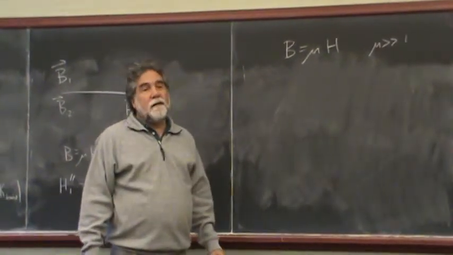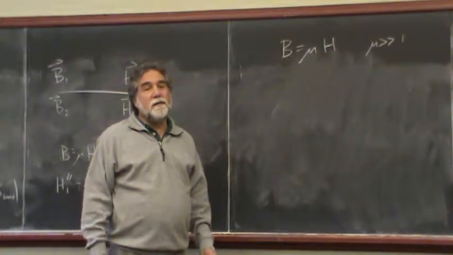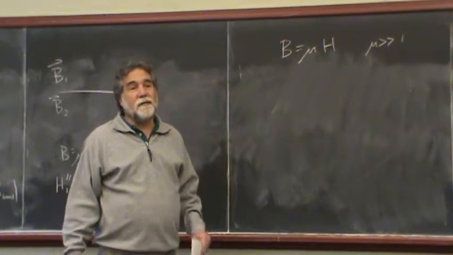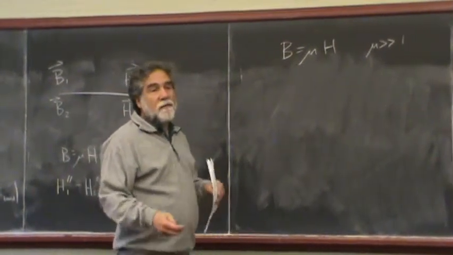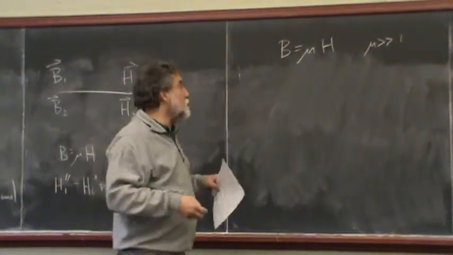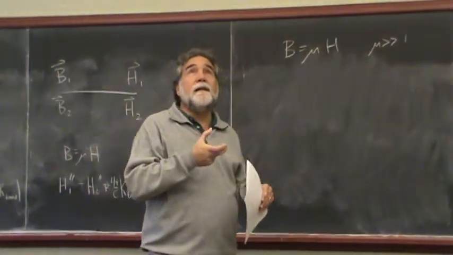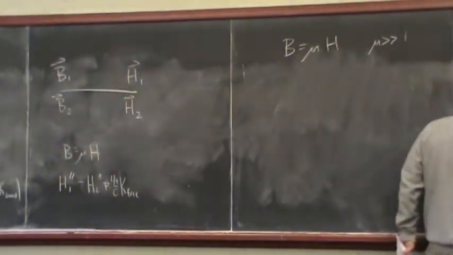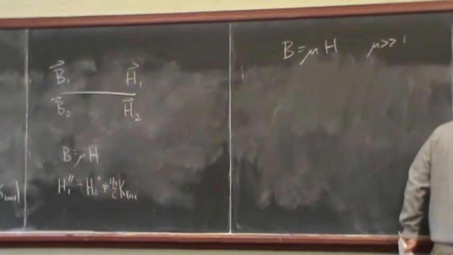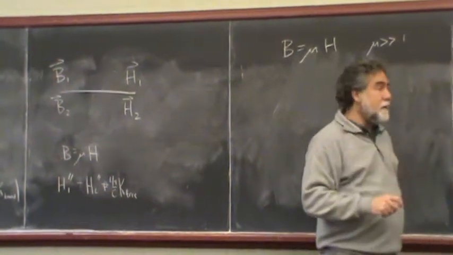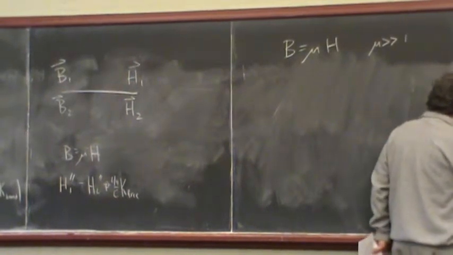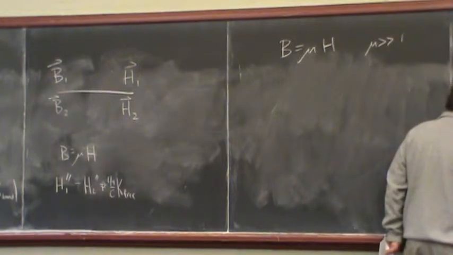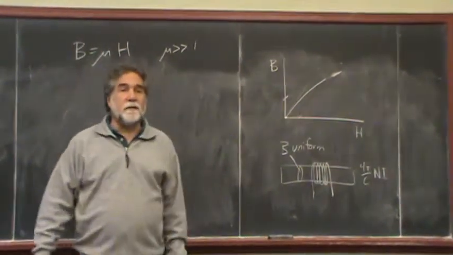Here's an assumption that we're going to make, which is not true at all, but is quite reasonable and allows us to do calculations. And that is that across any interface, or actually across the cross-section of a material, the simplest case would be now that I put something in there, we're going to assume that B is uniform across the whole cross-section.